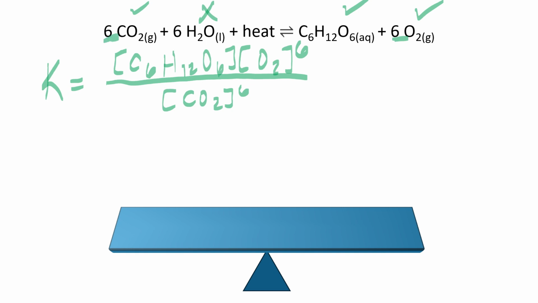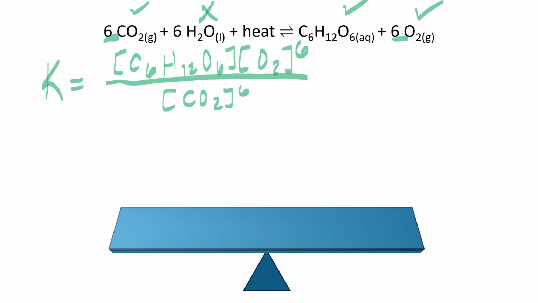So any of these substances that are in this equilibrium expression could affect this system at equilibrium. So in other words, changing the amount of the C6H12O6, changing the amount of O2, changing the amount of CO2, all of those could change how this system behaves. Even changing the amount of heat could change how this system behaves.